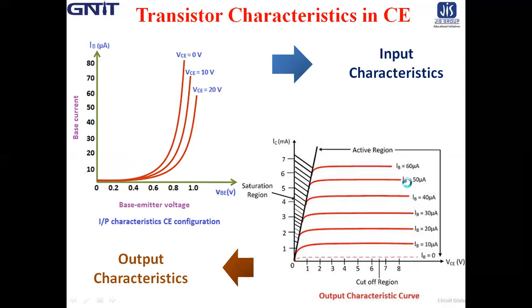Again, in this curve the three regions are present: active region, saturation region, similar to common base configuration, and the region below IB equal to 0, below this curve, is called the cutoff region.